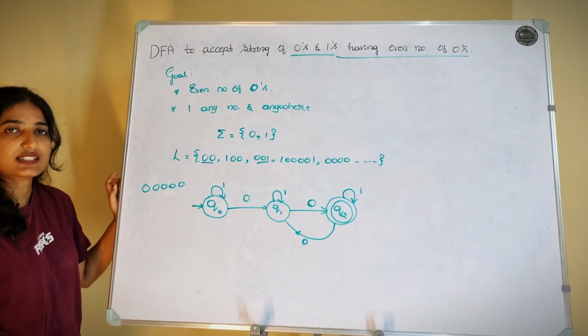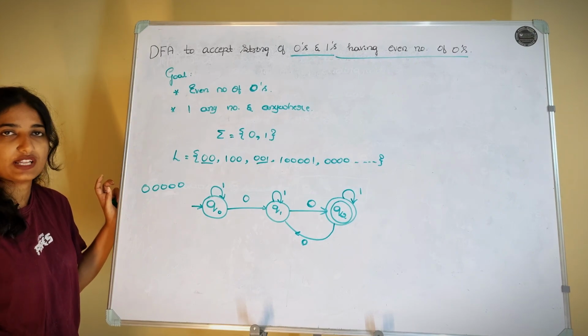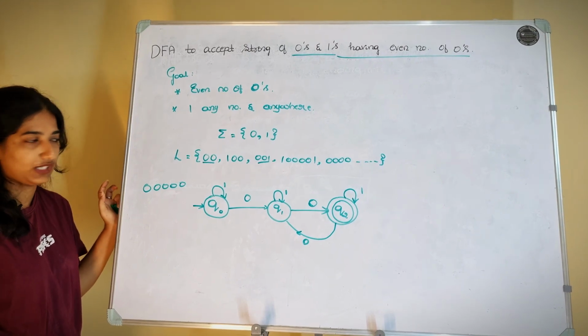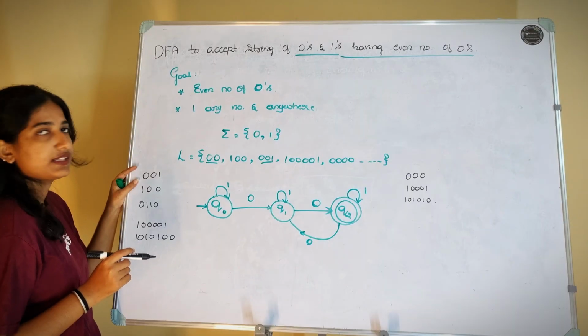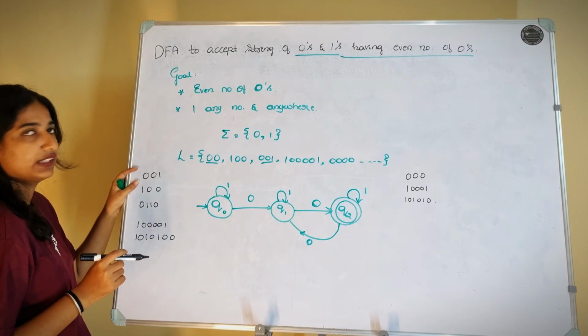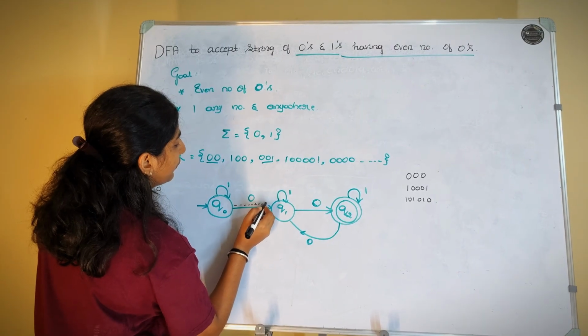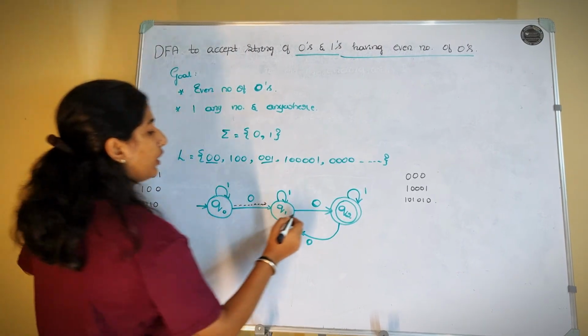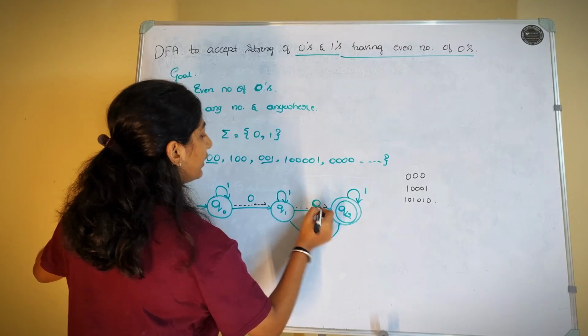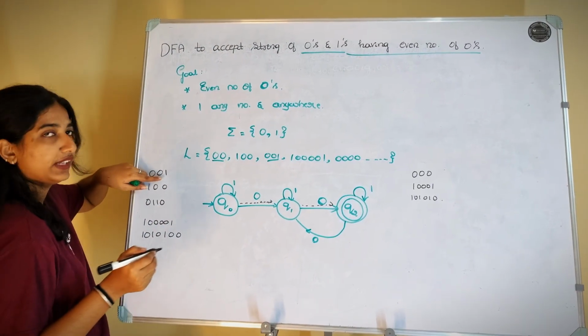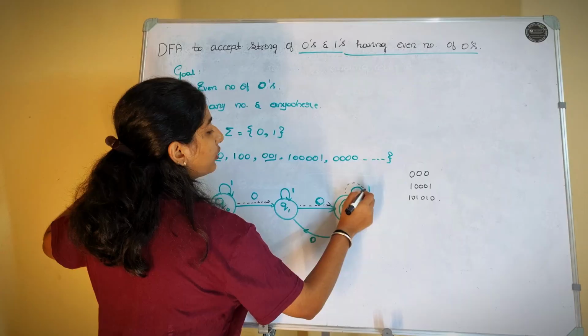So let's take some examples and check whether our transition diagram is proper or not. Okay. So the first example is 0 0 1. So Q0 on 0 moving to Q1 and Q1 on 0 moving to Q2 and Q2 on 1, it will be there in state Q2 only.